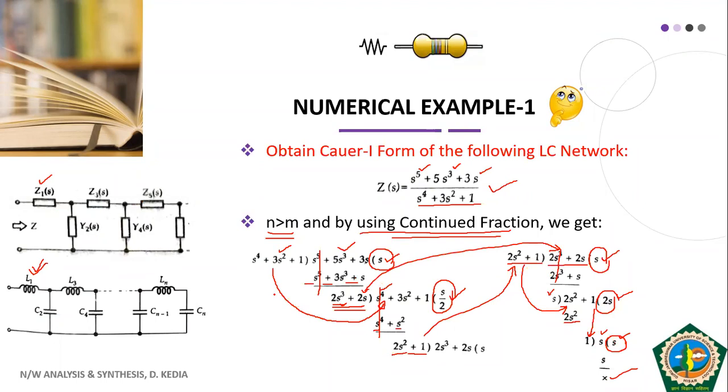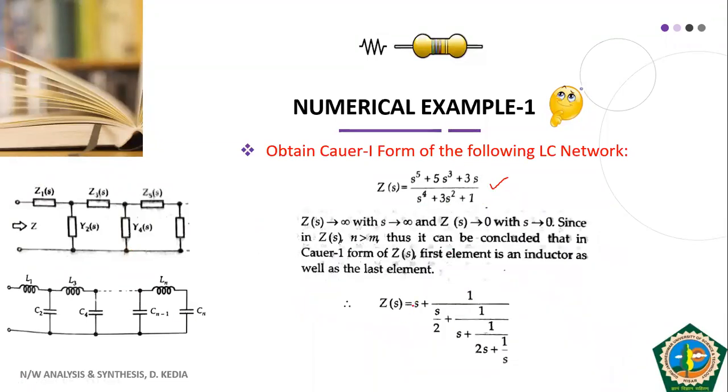And I have already told you how we will represent this network through continued fraction mathematically. See, this was our impedance function. This is how we have represented it. This is Z1.